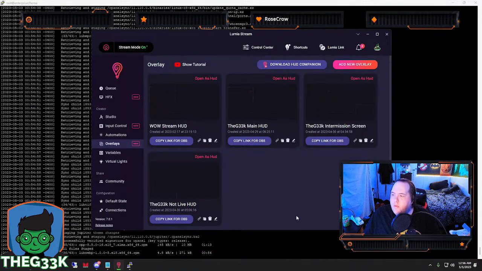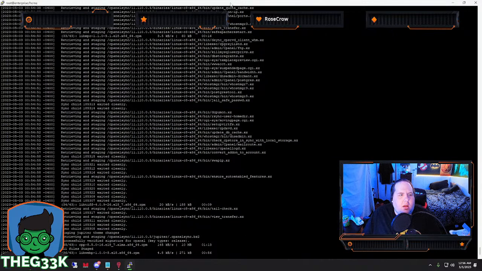Not getting any HUD. Now they did just update Lumia, so something may have happened with the HUD. I'll have to look into that. Yeah, when you said hi, you should have gotten like Mr. Rogers saying hi back or something like that. Don't know what they did with Lumia. I'll have to look into that one.